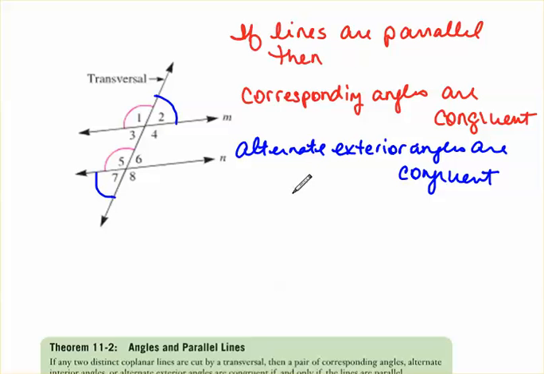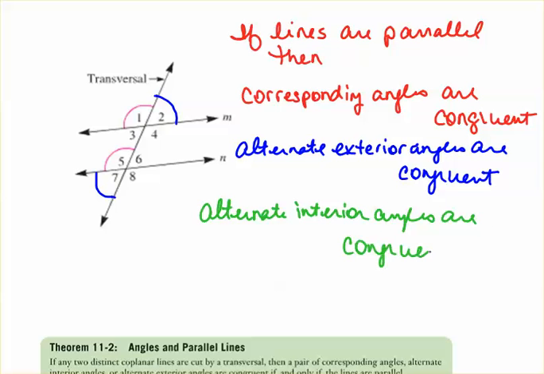Finally, alternate interior angles are congruent. So alternate interior angles, if you'll remember, those are on alternating sides of the transversal on the inside of the parallel lines, like angle 3 and angle 6.